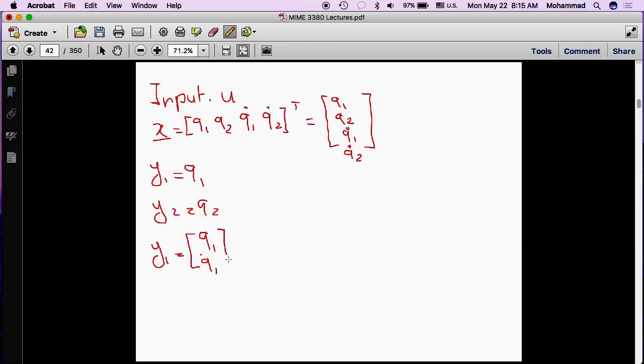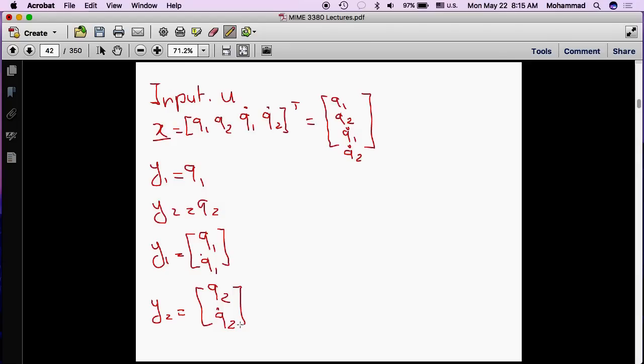I need to know the position and velocity of mass 1. So that's another choice for output. You can say, I really want to know what the second mass position and velocity are going to be. That's really my interest in modeling.